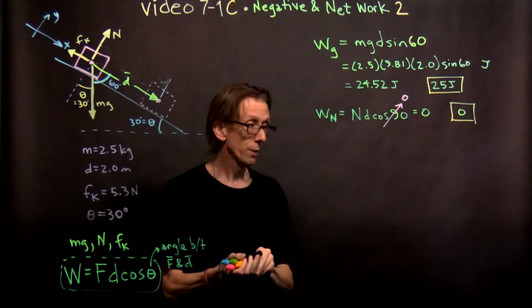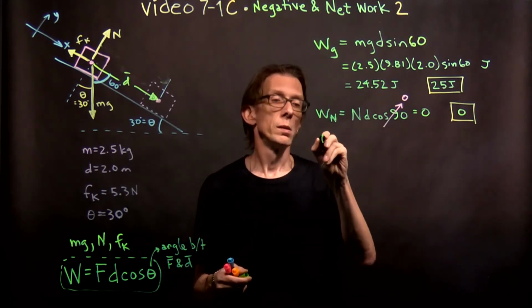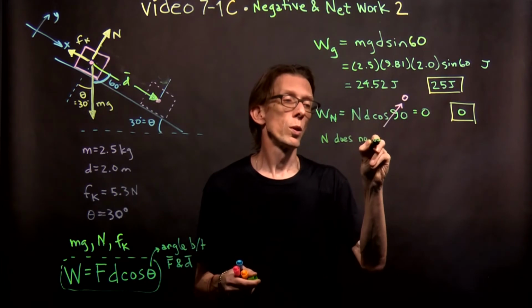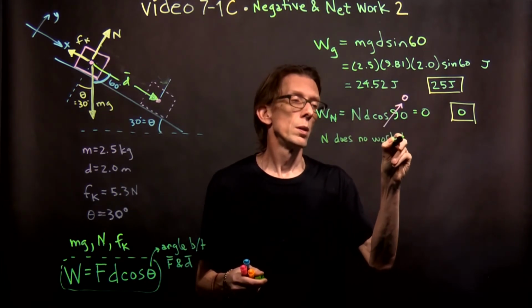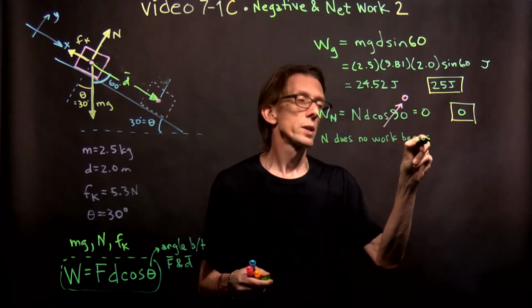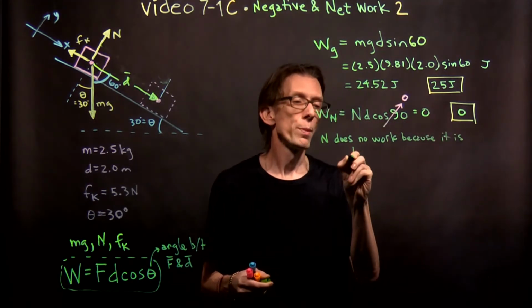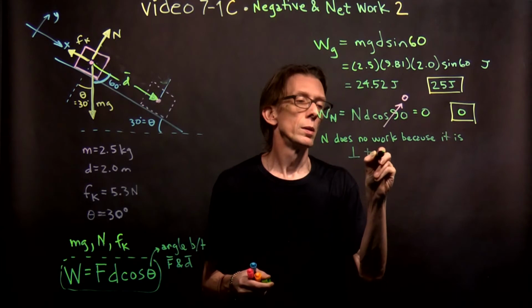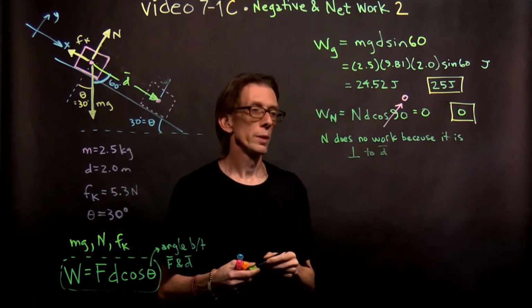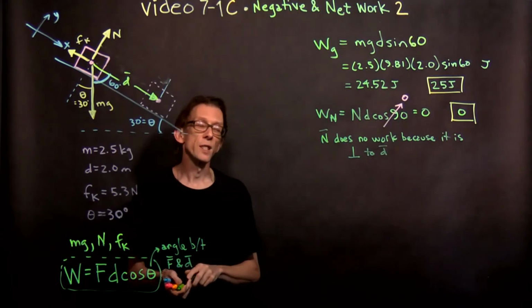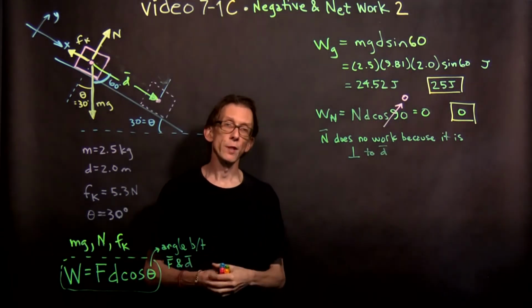Okay, I'm going to write something here. N does no work because it is perpendicular to the displacement. The normal force does no work because it is perpendicular to the displacement.